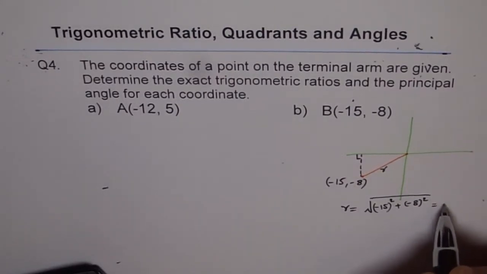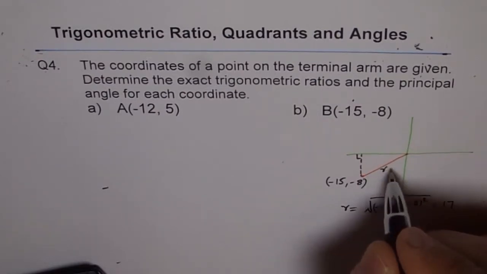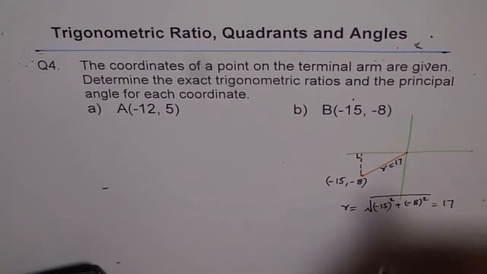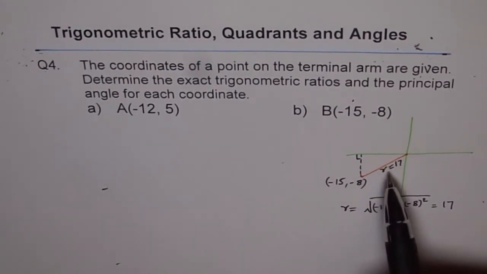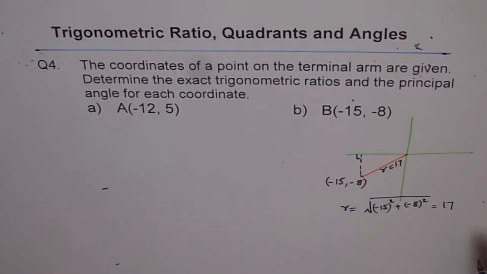So R is equal to 17 for us. Now, since R is 17, we can write down all our primary trigonometric ratios.